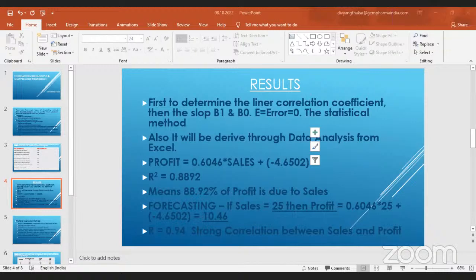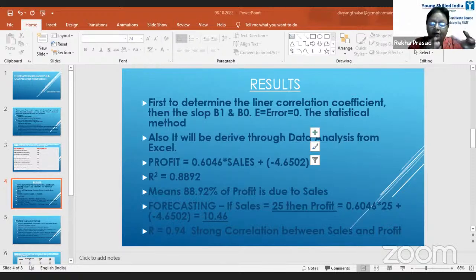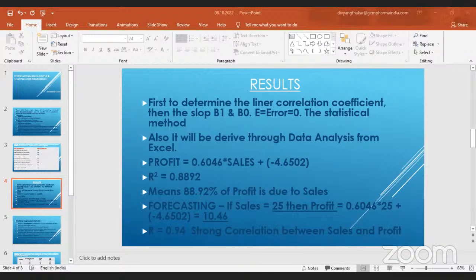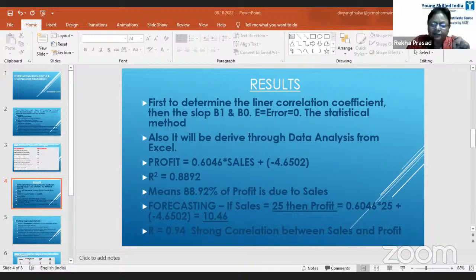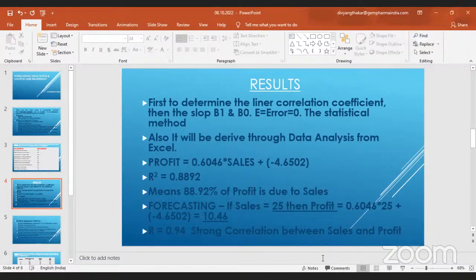Profit can be due to many causes, but how much it depends on sales is what R square shows. Here your R square is 0.8892, which as a percentage is 88.92. That means 88.92 percent of profit is due to sales. Yes, madam.